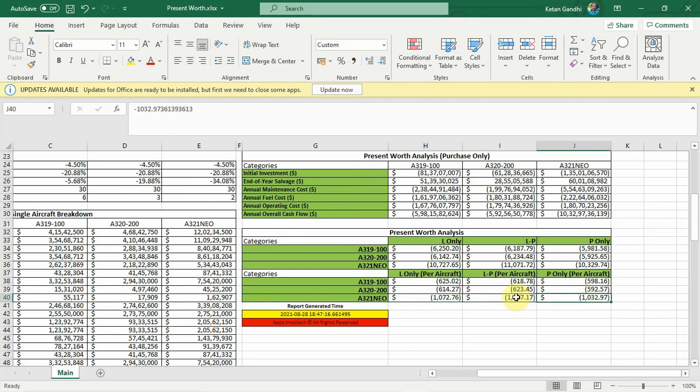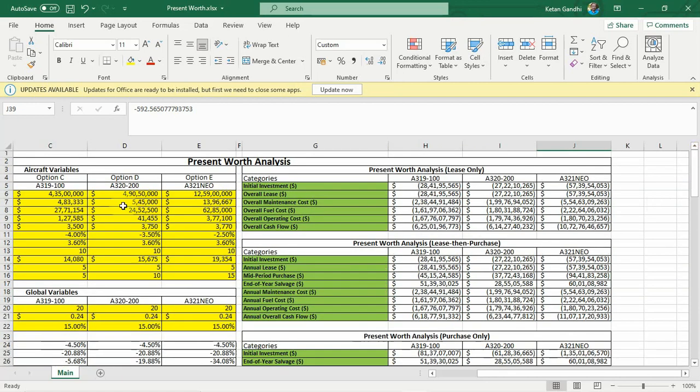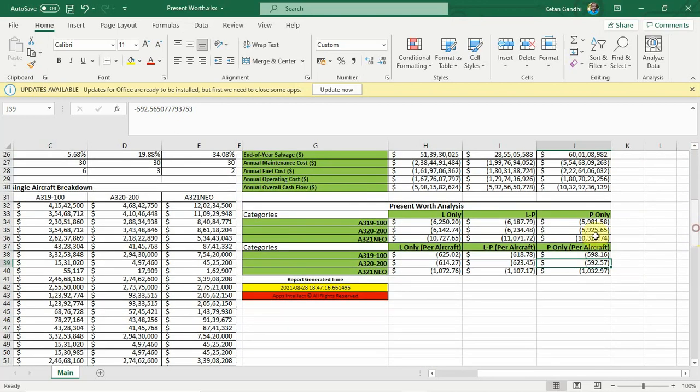So all these figures are for A321 Neo, which had an investment of 125,900,000, whereas per aircraft, these are the present worths for A320-200. It was basically 49,050,000 where the aircraft was bought, the aircraft value. So these three scenarios give this particular present worth.